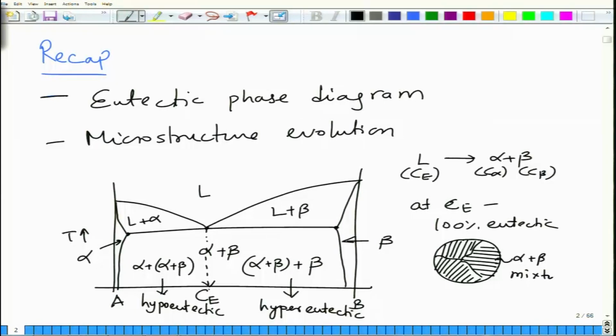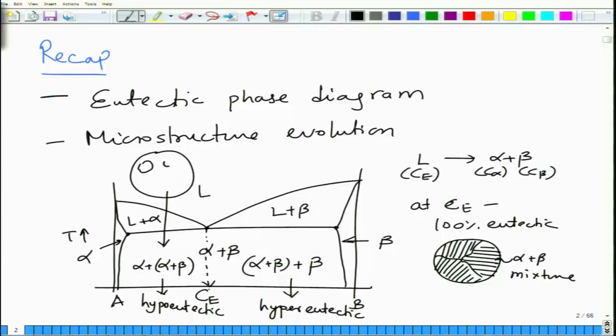Let's say the bright phase is alpha and the dark is beta. However, when you are away from the eutectic composition, to the left or right, some alpha or some beta has already formed during the course of solidification. These are pro-eutectic alpha and pro-eutectic beta. So in compositions away from the eutectic composition, the microstructure is like this.